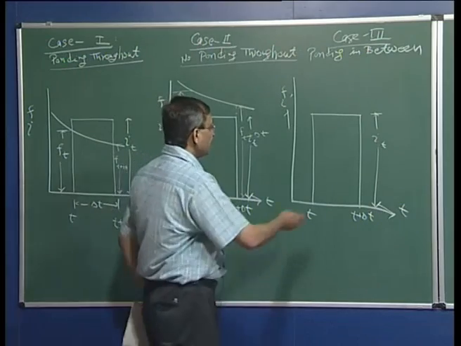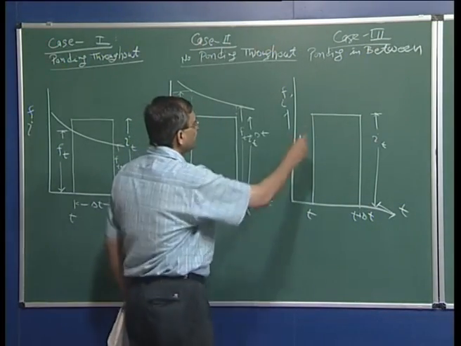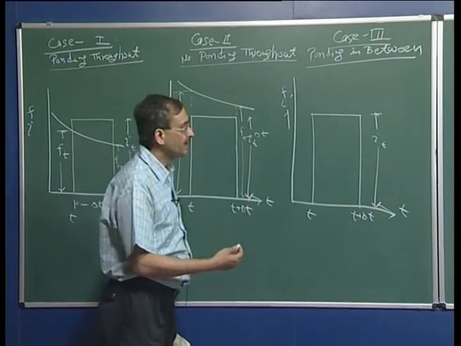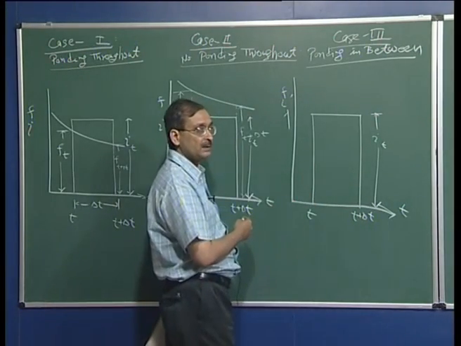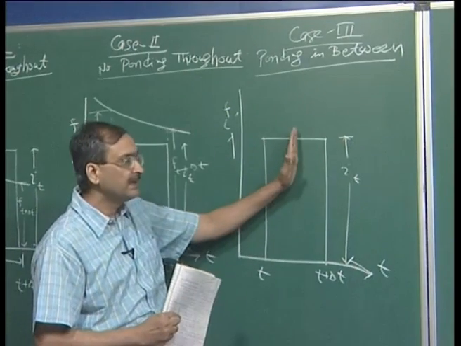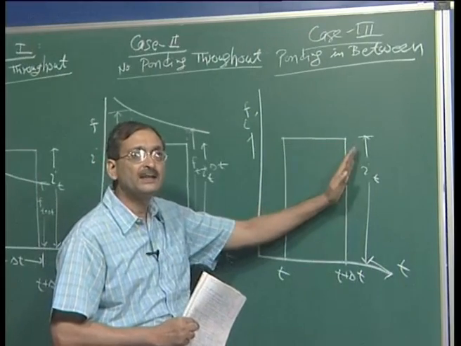So, what will happen in case 3 then? What we are saying in case 3 is that there is ponding in between. So, ponding actually occurs during this interval. What does that mean? That means that there is no ponding at the beginning, but there is ponding at the end.